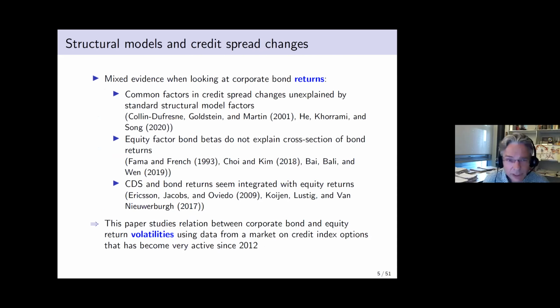However, if you look at evidence from corporate bond returns, or empirical papers that focus on the cross-section of corporate bond returns, the evidence is more mixed. In a very old paper, joint with Bob Goldstein and our good old friend Spencer Martin, we had looked at whether you can explain credit spread changes with variables on the equity side that are predicted by structural models, such as leverage, volatility, and others.